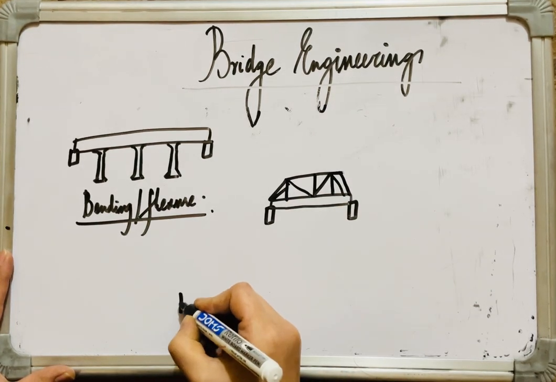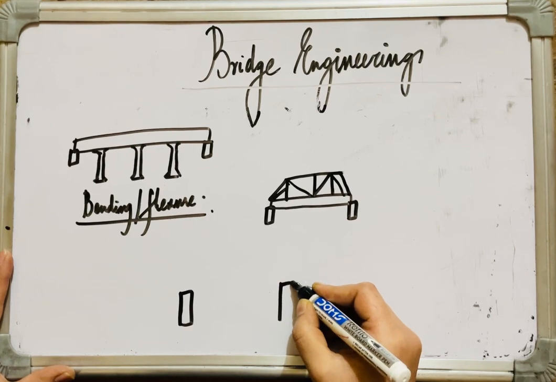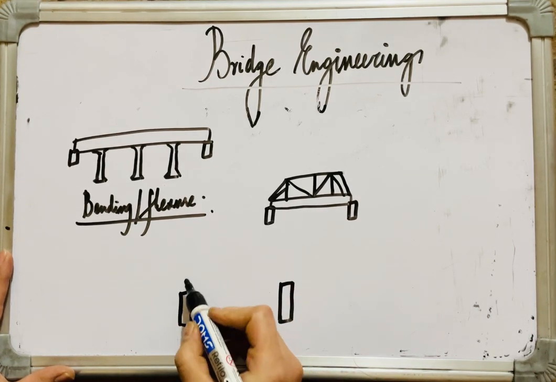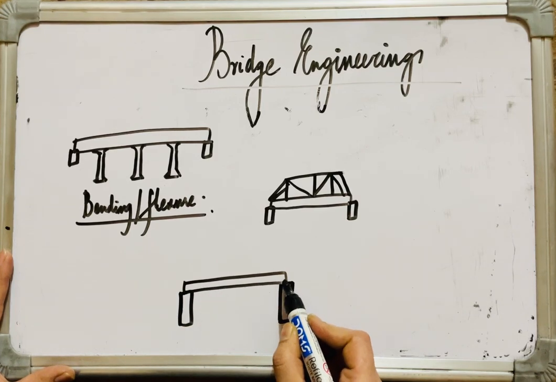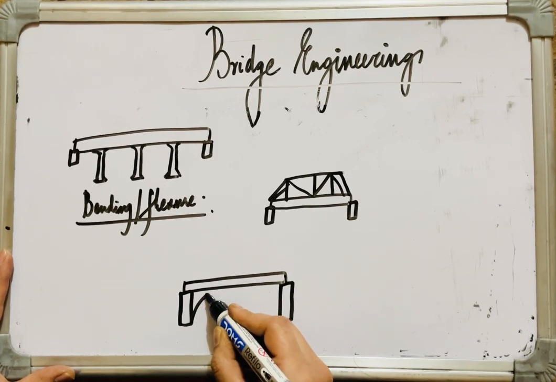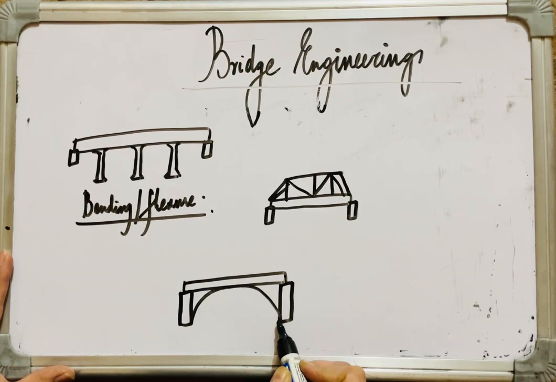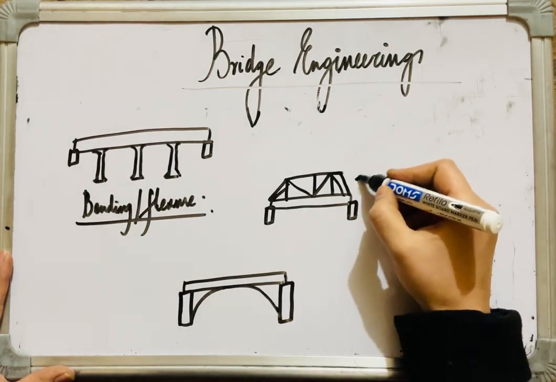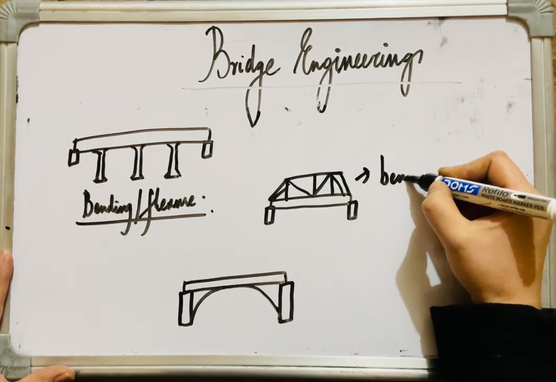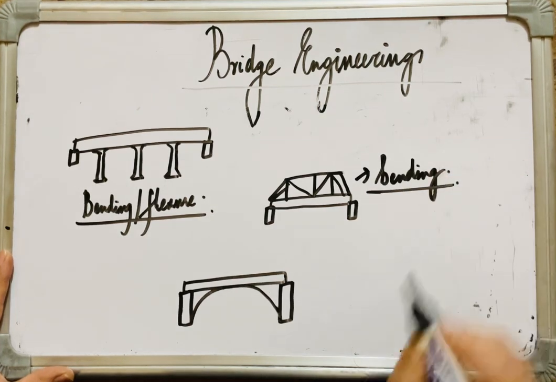Then we studied the arch bridges, in which arches are used as the main structural component to support the loads of the bridge deck, and these arches are placed beneath the bridge deck. The loads in a truss are borne by bending, because the truss bears it as a beam.